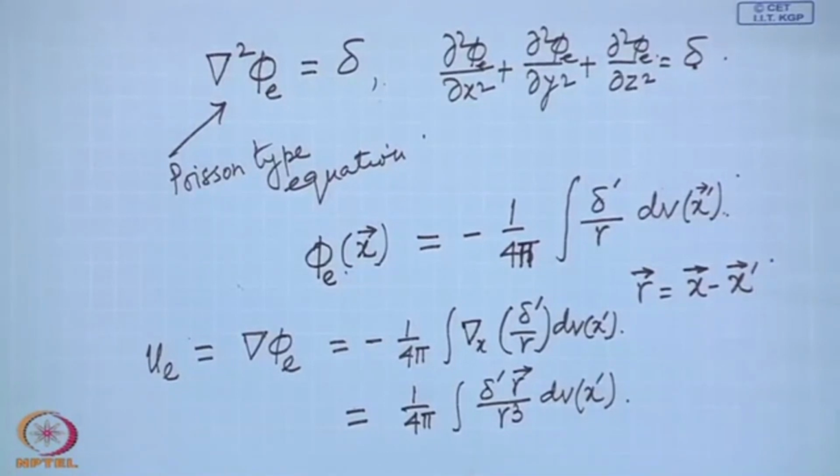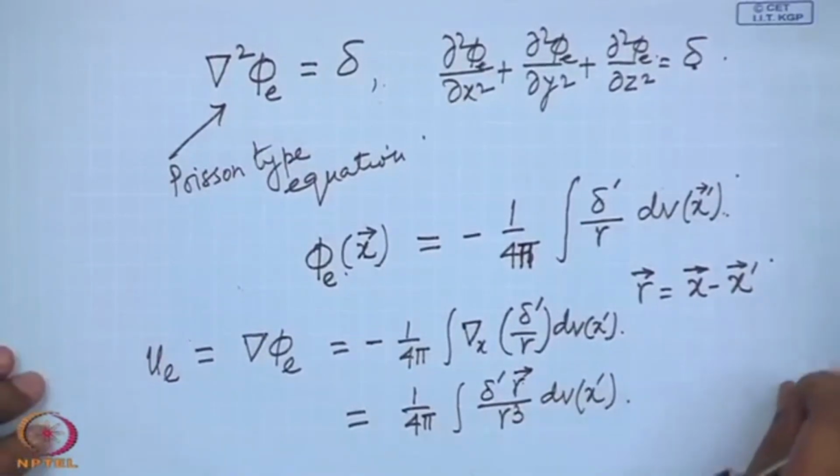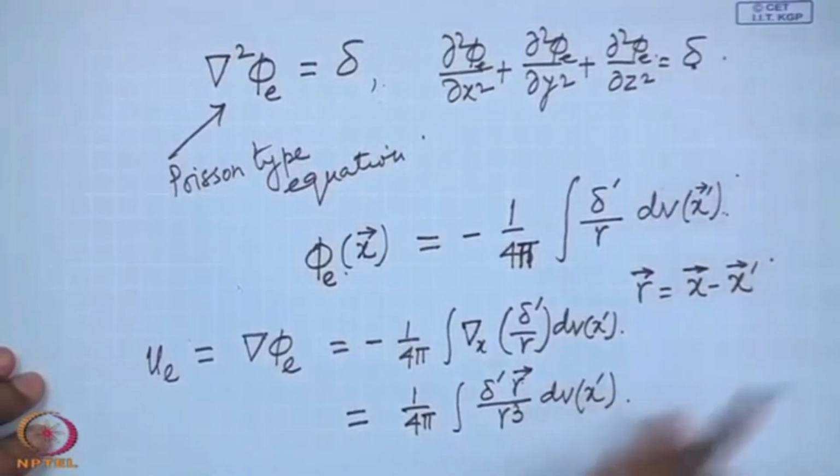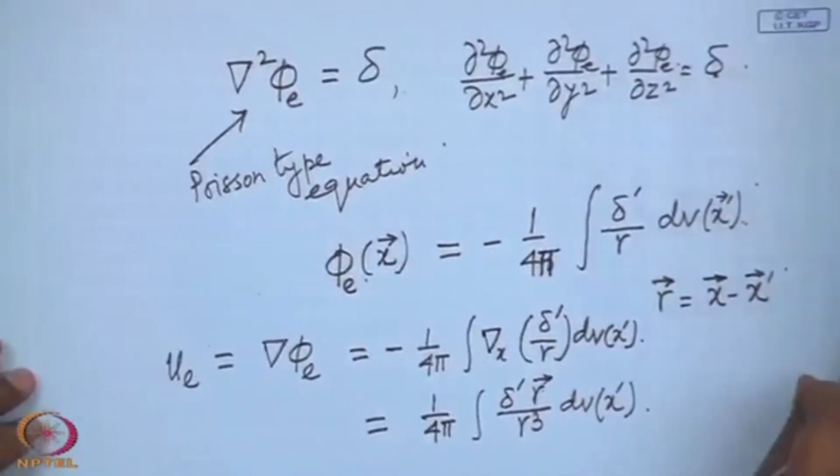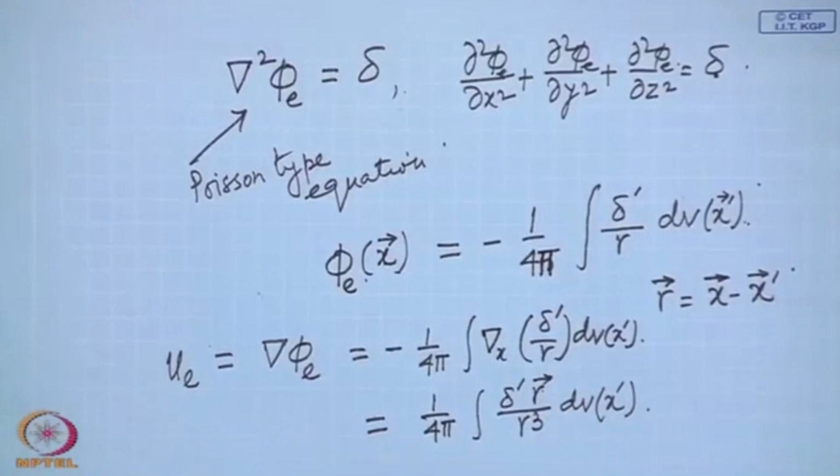Gradient of 1 by r is simply minus 1 by r square, and since the gradient is a vector, it has a direction which is again in the direction of the r. So, that to denote that direction, it is written as r by r cube. So, 1 r by r will simply give the direction and r square will remain. The integration is carried out over the infinite fluid.